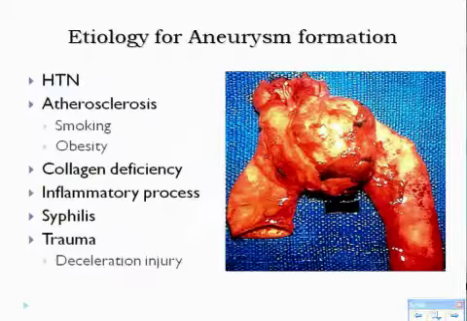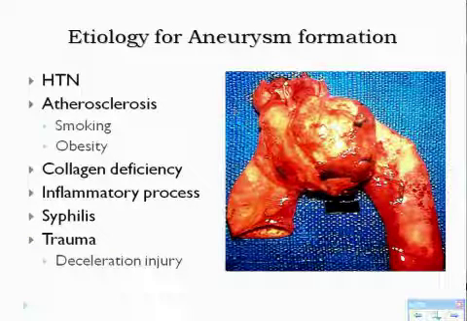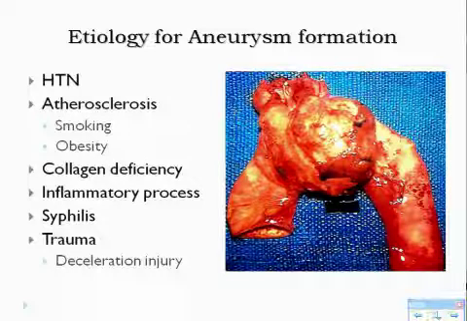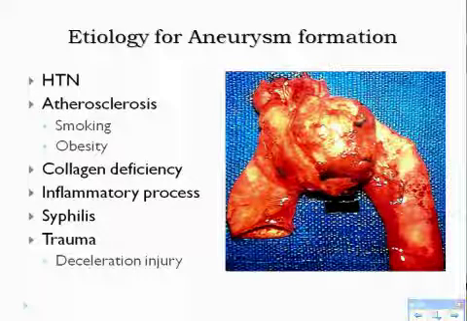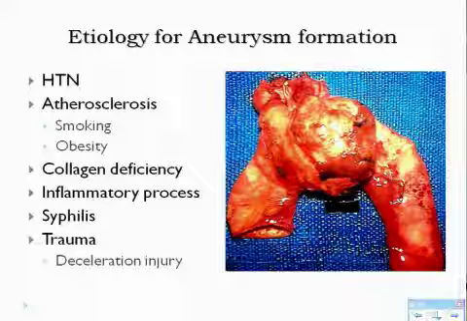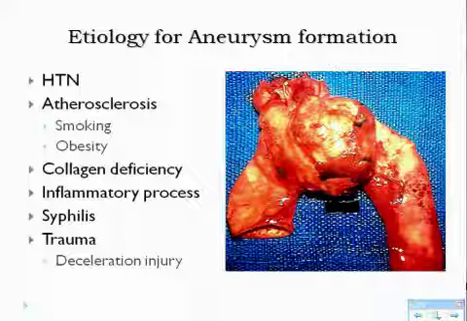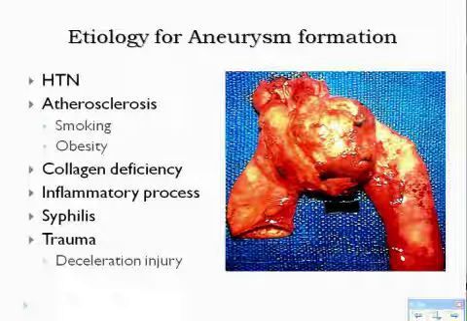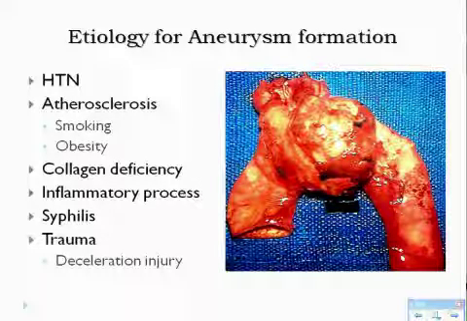Now, aneurysms have many different causes. One of the major ones is hypertension. The other one is associated with atherosclerosis, which is, of course, associated with smoking and obesity. People can also have collagen deficiency, which is consistent with what I was telling you, where you have a deficiency in the medial and external layer.